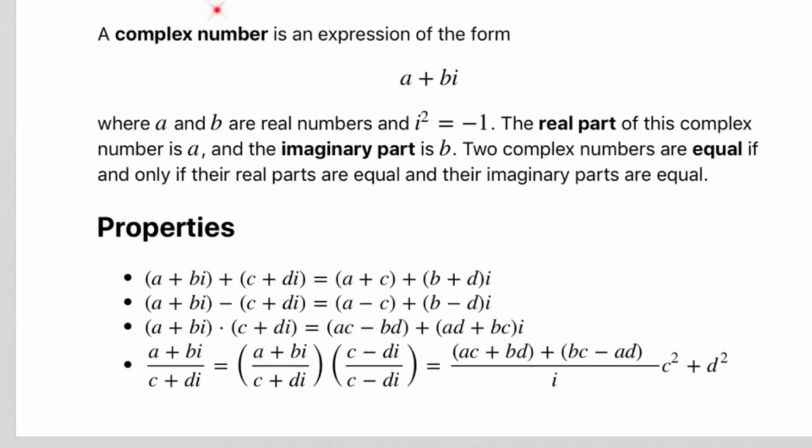A complex number is an expression of the form A plus BI.